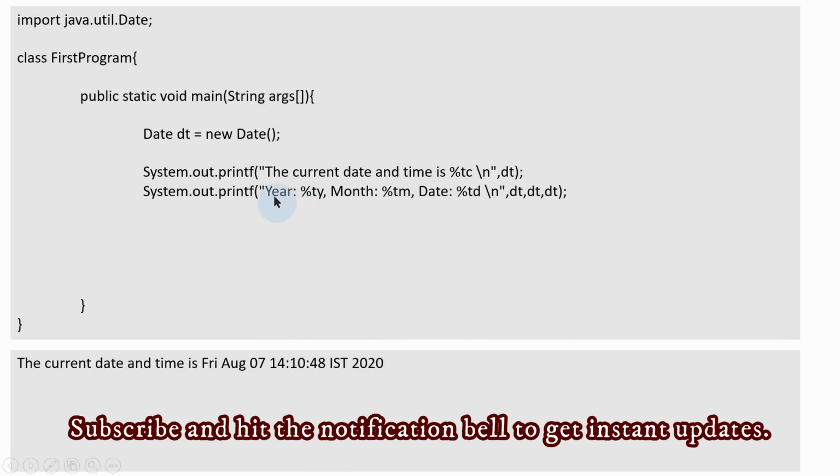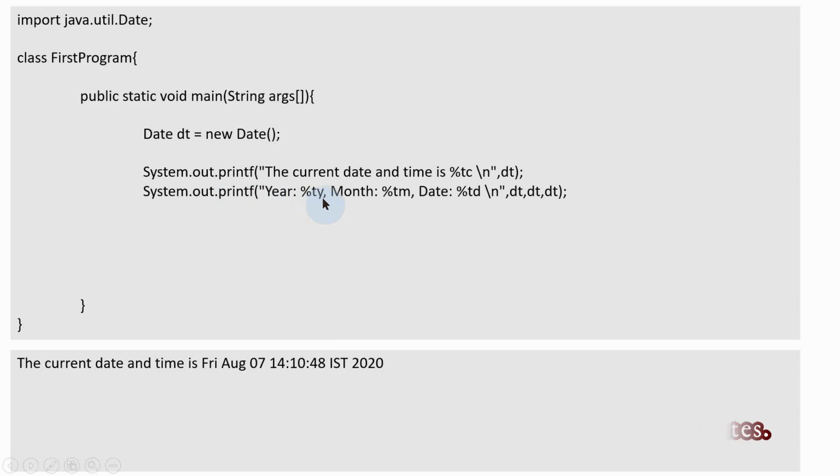Then I am going to use another printf statement in the main program. So that is printf year percentage %ty, month percentage %tm, and date percentage %td. That means you can extract the year information from the date by using percentage %ty, month information by using percentage %tm, and the date information by using percentage %td from the date object. Then if I execute this, that statement will display like this.